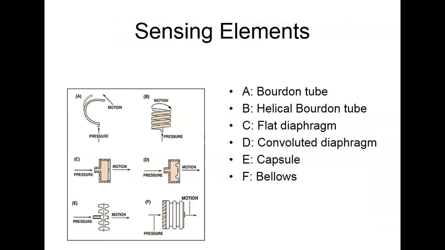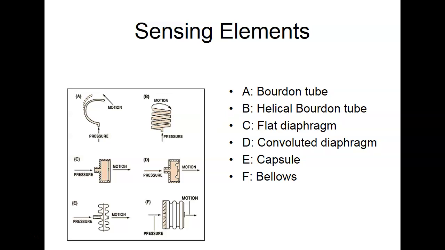So basically, these are the different types of elements that we're going to use to sense a pressure, but actually they're going to generate a force, right? Most of our pressure sensors actually generate a force, which gives us a displacement, and we can measure the displacement and use that to display.